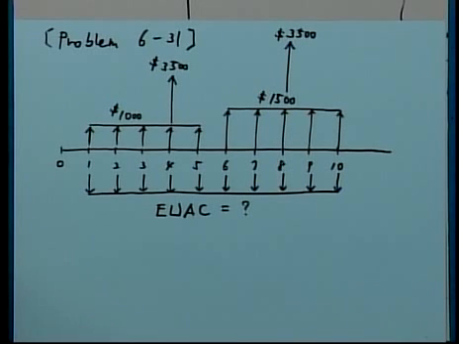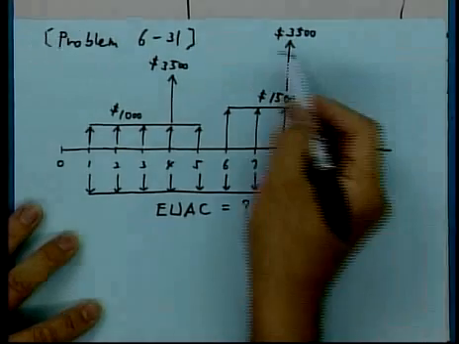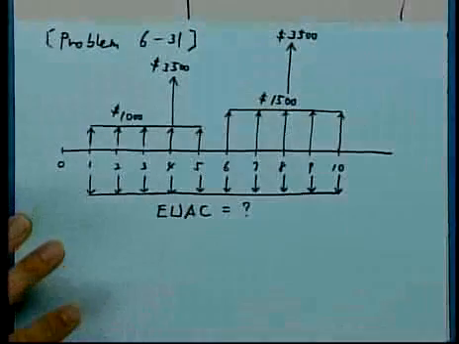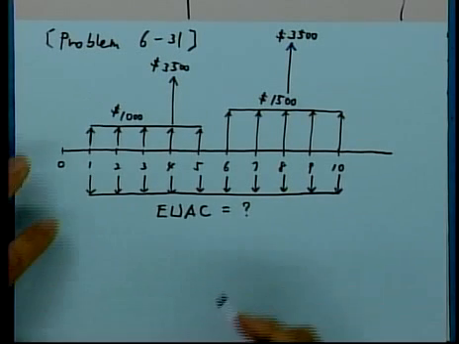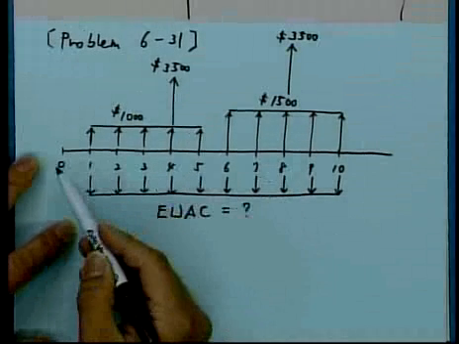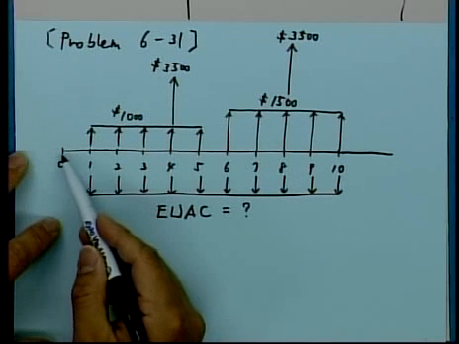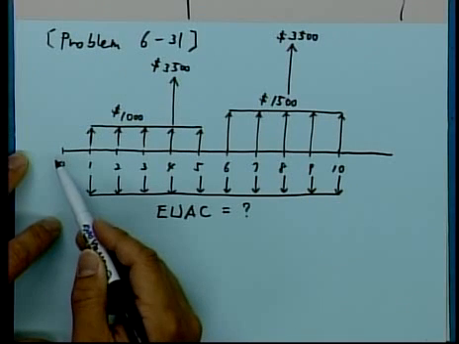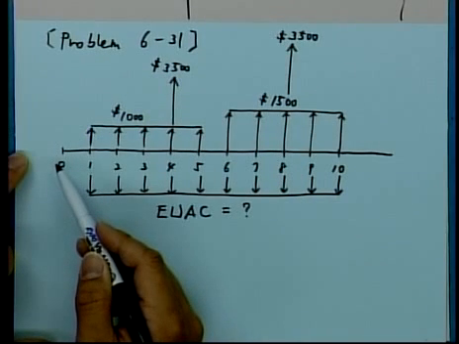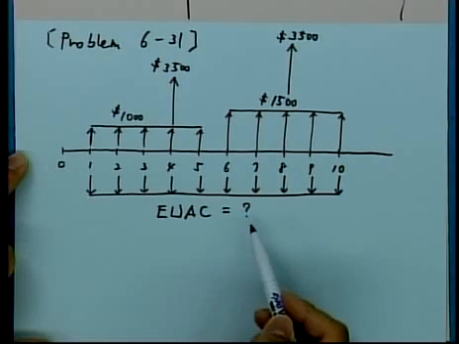So what I'm going to do is convert this positive cash flow to an equivalent present worth at time 0. And then convert this value to an equivalent uniform annual expenditure. Okay?